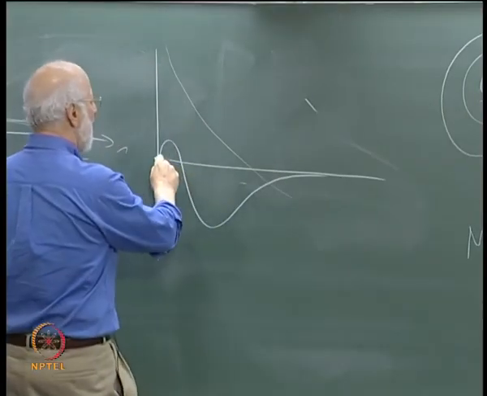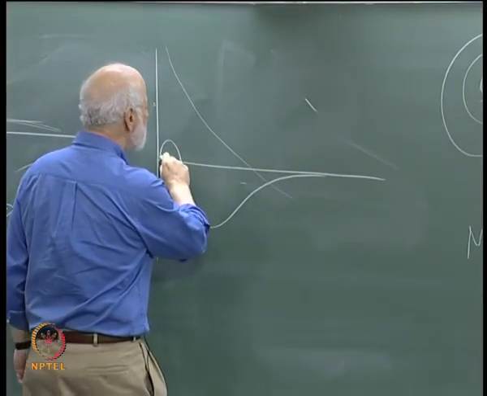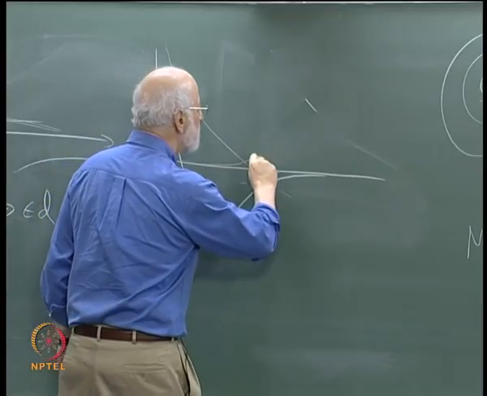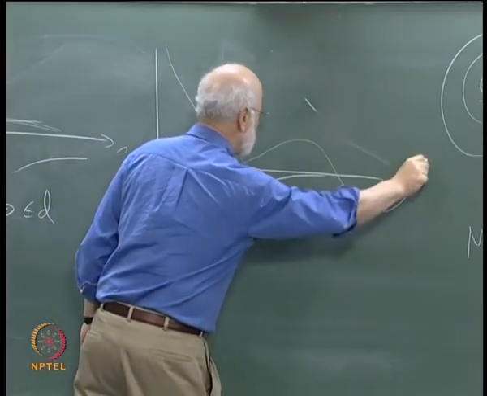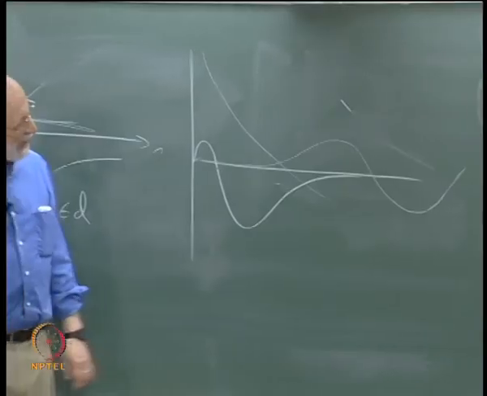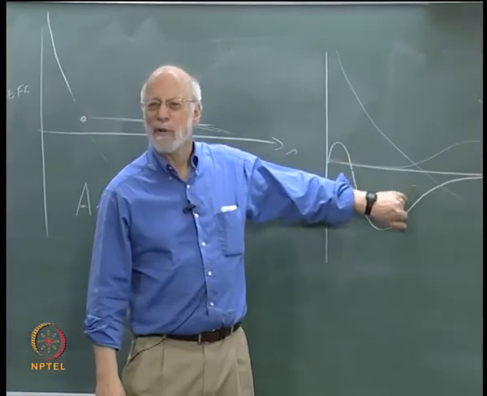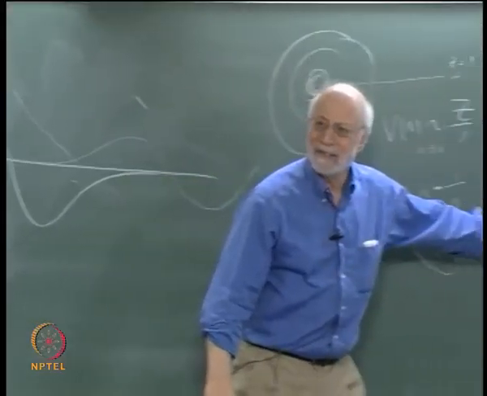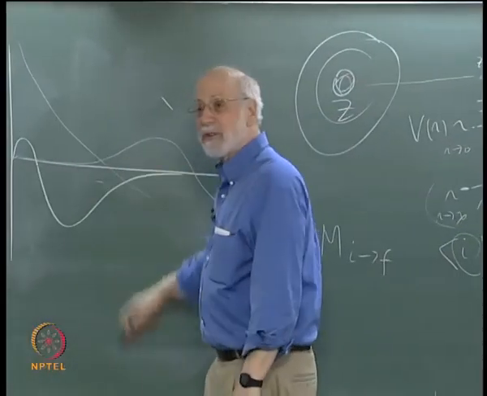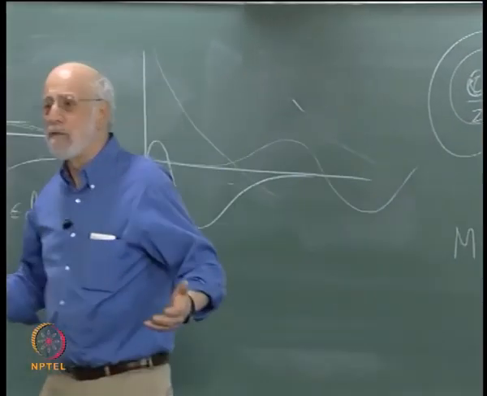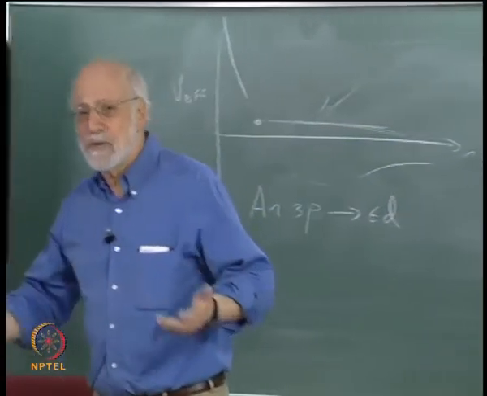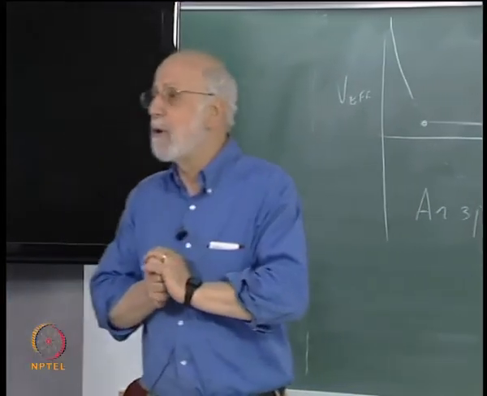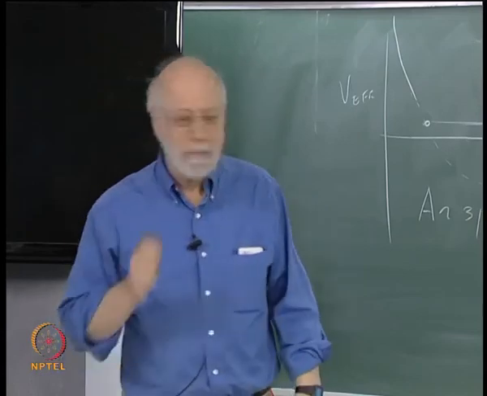And so at, say, right at threshold, the epsilon D might look like this. And what you see here is very, very little overlap. Remember, this is what we got. If the initial and final state have no region of overlap, the matrix element is going to be 0. If they have a small region of overlap, it'll be small.